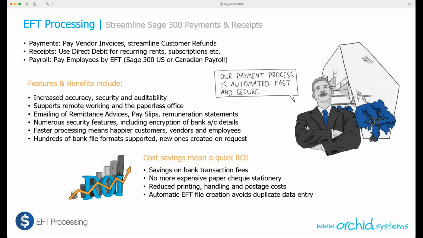And we have lots of security features, including the encryption of the bank account details, allowing only some AP vendor users to amend the bank account details, and two levels of authority, so that one person enters the bank account details and a second person needs to approve them before they can be used in an EFT file.